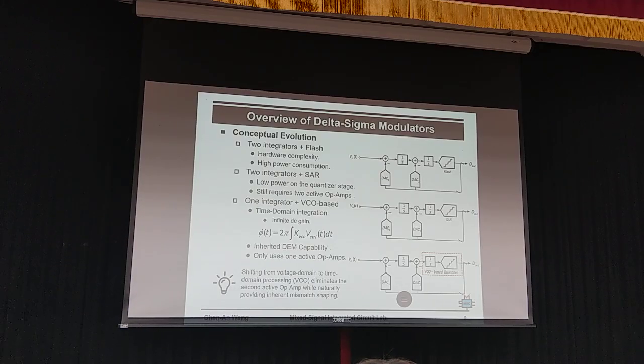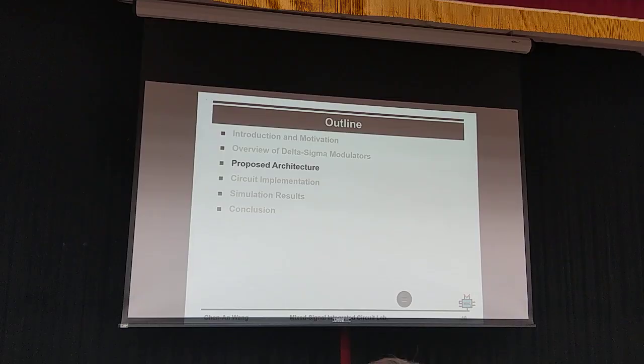This successfully streamlines the loop to require only a single active op-amp while reducing the power consumption. It also provides a perfect foundation for our proposed architecture, which I will introduce next. Now we enter the third part of the presentation, the proposed architecture.